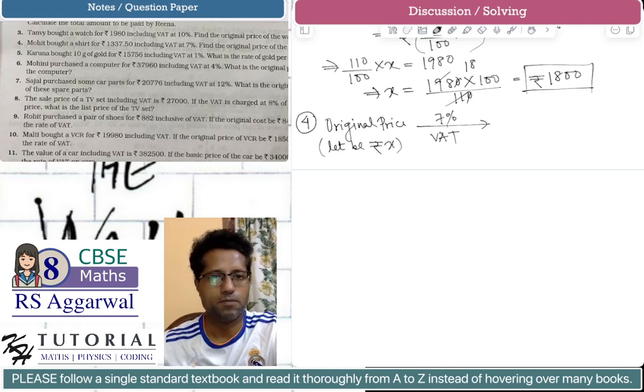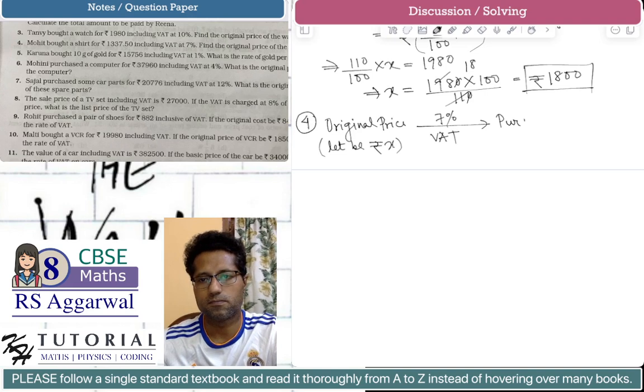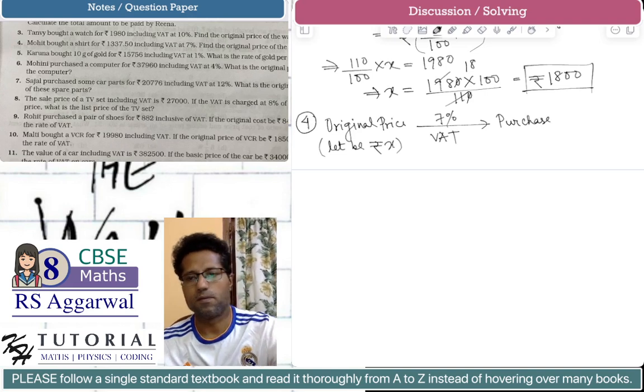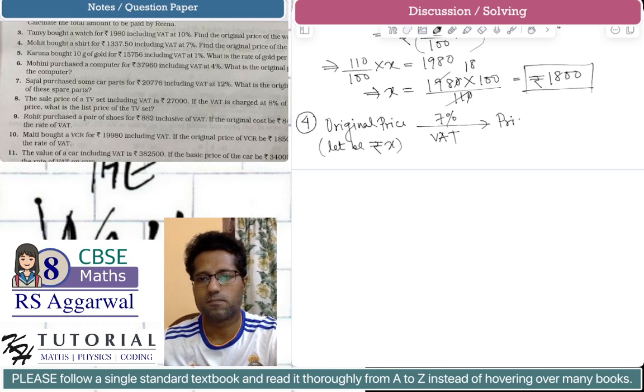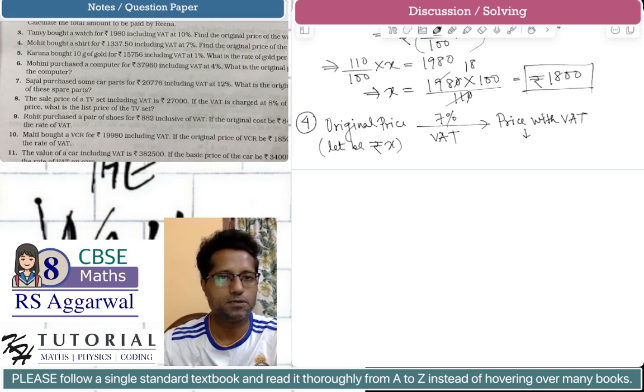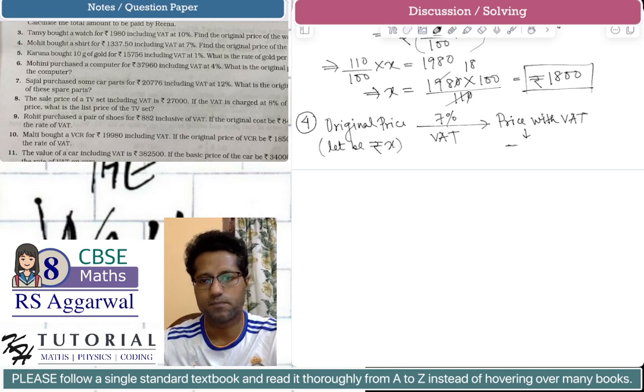Mohit bought a shirt, so the purchase price, or you can say the price with VAT, is given as rupees 1337.50.